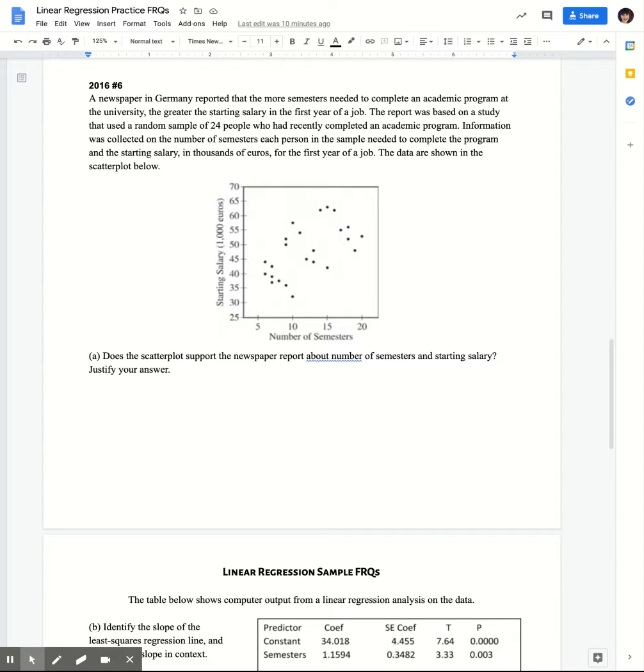Right? So part A just says, does the scatter plot support the newspaper report about the number of semesters and starting salary? So what the newspaper reports is that the more semesters are needed to complete the academic program, the greater your starting salary.